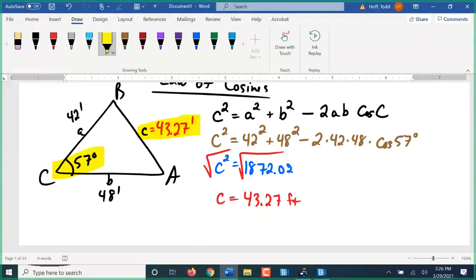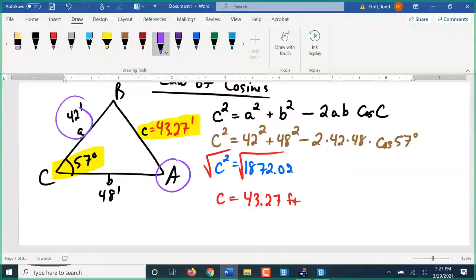Well, careful. It's a 50-50 shot, right? Can anybody think of a reason why we would rather find A first here? Opposite the shorter side. There can only be one obtuse angle in a triangle, right? It would have to be opposite the longest side. So if there is an obtuse angle in this triangle, it would be angle B.